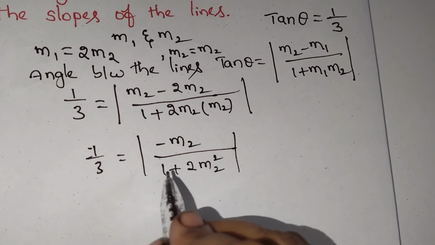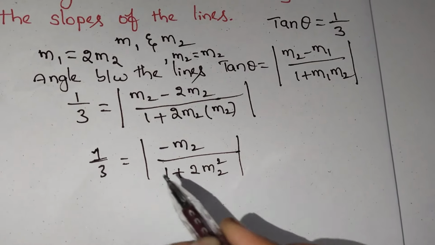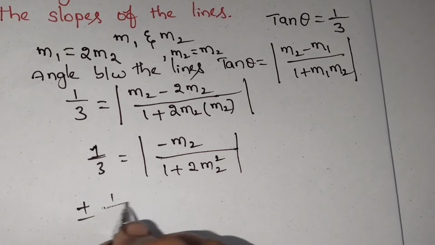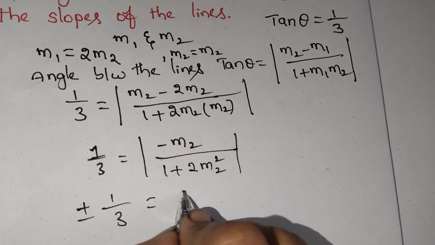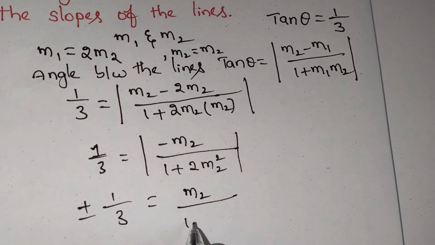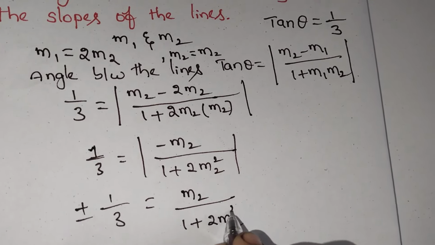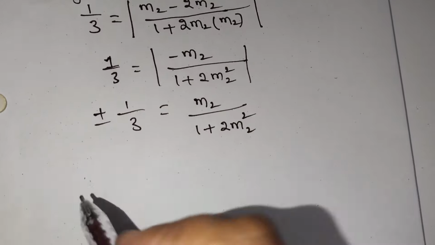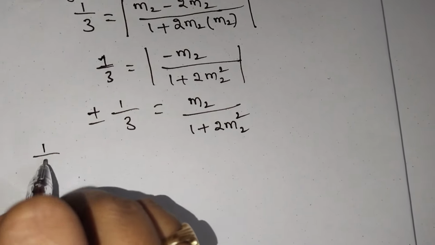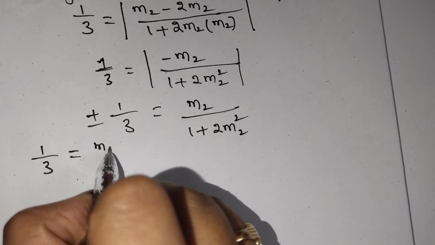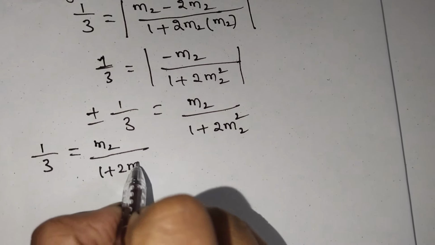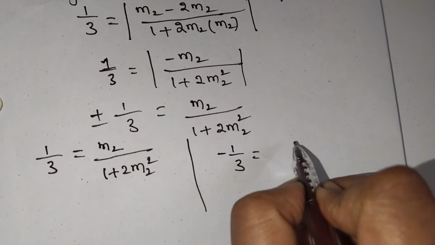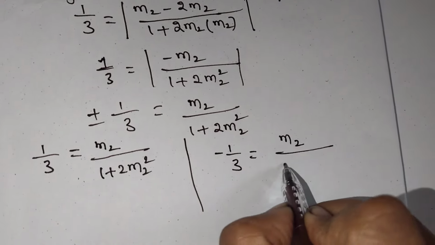So now remove the modulus. When we remove the modulus, we get plus or minus on the opposite side. This is plus or minus 1 by 3 is equal to m2 by 1 plus 2m2 square. So now do the cross multiplication for the two cases: when it is plus 1 by 3, one case, and when it is minus 1 by 3, another case.